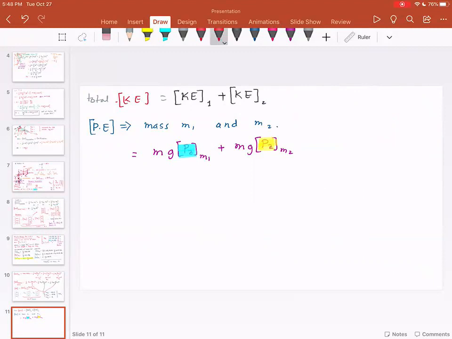Once you have this, you can formulate your Lagrangian, kinetic energy minus potential energy, and send that to MATLAB, and MATLAB will give you the solution. All right, with this, I'm going to stop here.